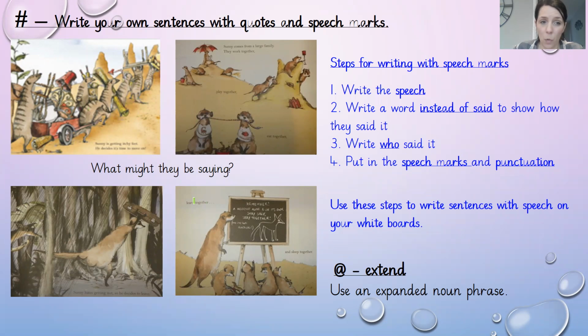But you could do more than that because there are lots of characters in each of those pictures. And you're going to follow the steps for writing with speech marks. So the steps are here for you. And if you want to extend, if you want to challenge yourself, you can have a go at using expanded noun phrases in your sentences as well, just like I did in one of my sentences that I wrote.